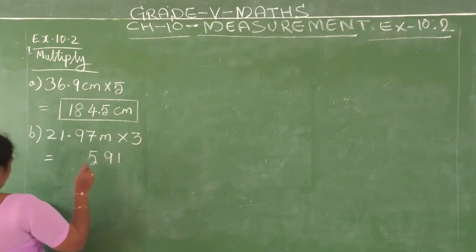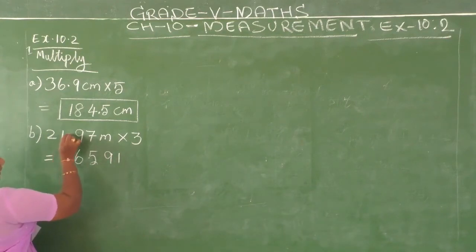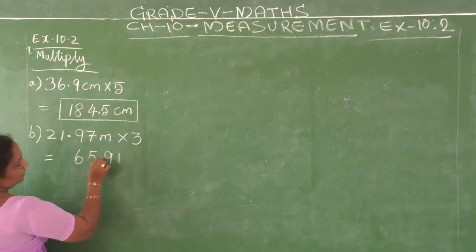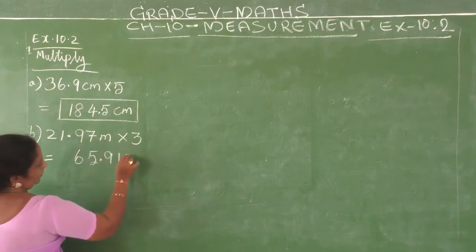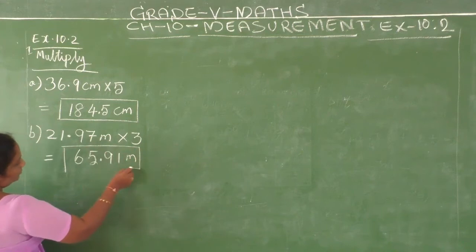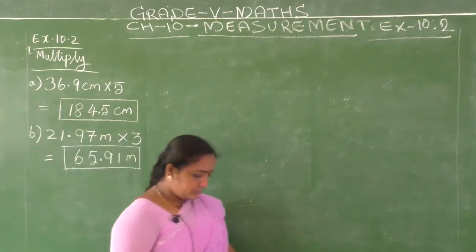Then 3 twos are 6. Then we have to keep the decimal point. There are 2 digits after the decimal point, so in your answer also keep the decimal point after 2 digits, and mention the unit. They gave meter, so 65.91 meter.